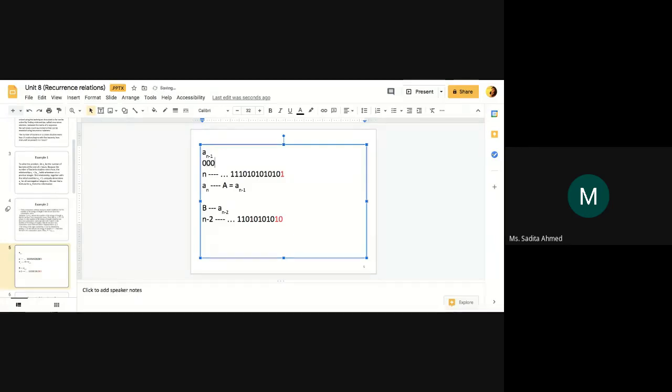0, 0, 0, is that a possibility? Can we count this one? Length 3, right? So 0, 0, 0 is length 3. Can we count this? Can there be 2 consecutive zeros? No. Can we count this? No. Then we have 0, 0, 1. Can we count this?